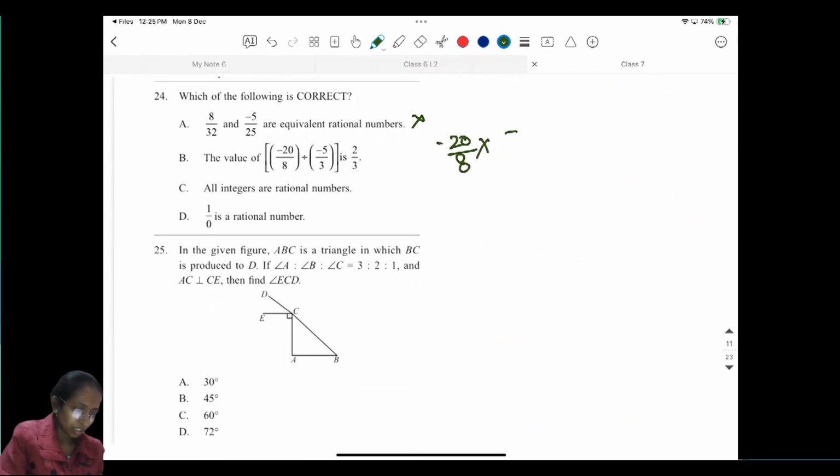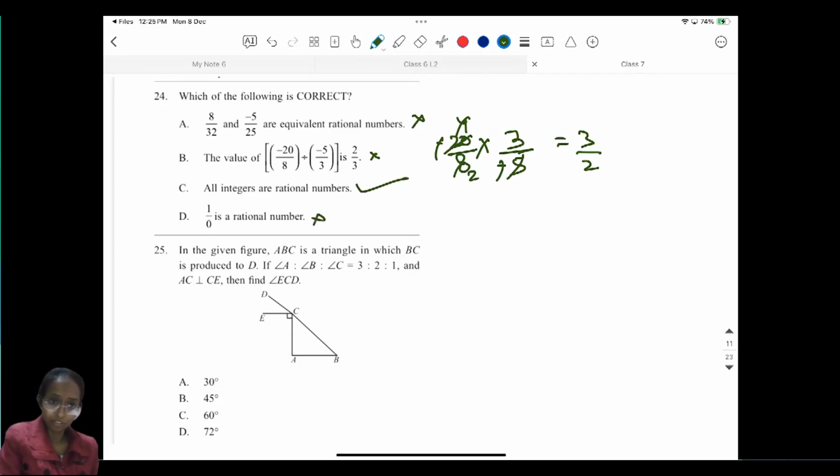When you divide, you change it to 8 by minus 5. So this is equal to 3 by 2, not 2 by 3. All integers are rational numbers. Yes, all integers are rational numbers, but 1 upon 0 is not a rational number. This is not defined. So C option is the correct one.